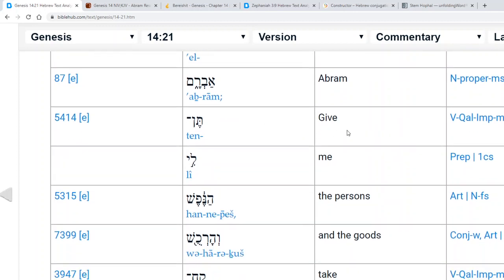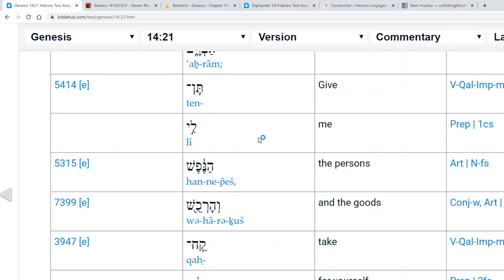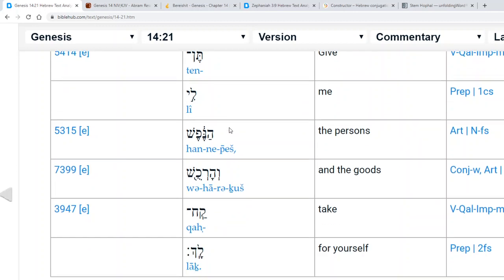Ten is the imperative of latet, which we spoke about, the give, in the command form. He's saying ten, give, tenly, give to me. It's a prepositional lamed. The yud is the first person common singular. Give it to me, right?